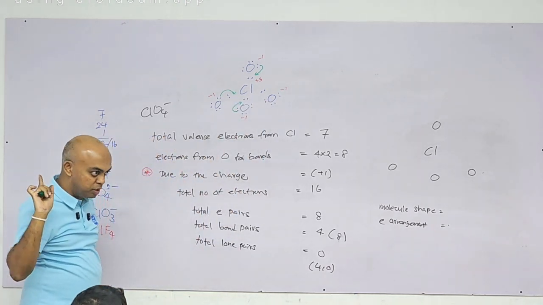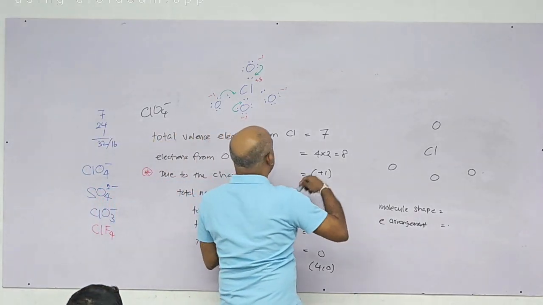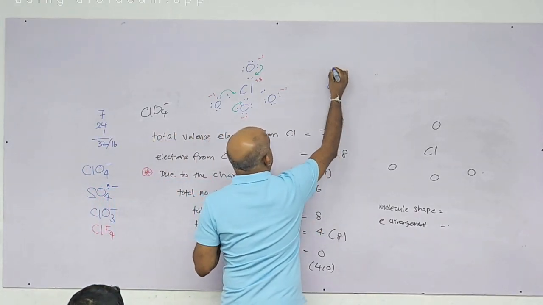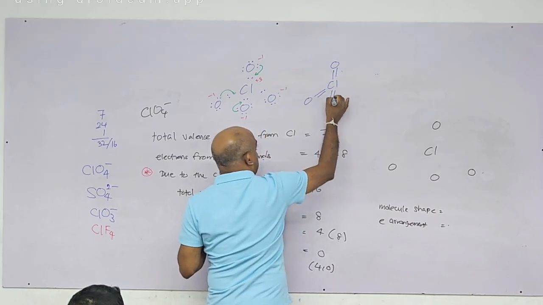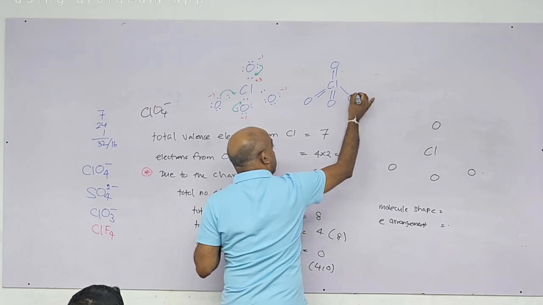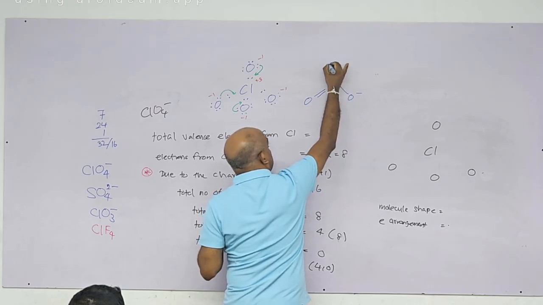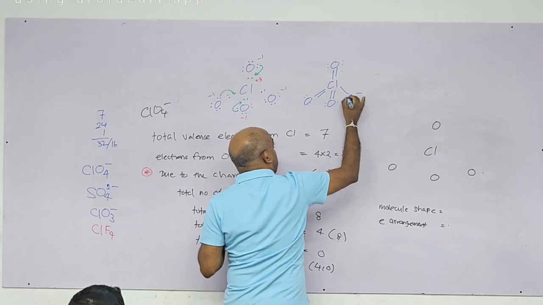Because formal charge will be cancelled off, right? Then what is the end result here? Chlorine, oxygen, double bond, oxygen, double bond oxygen. What is this? Single bond oxygen and minus charge. So there are lone pairs here, each 2, and here we have how many?